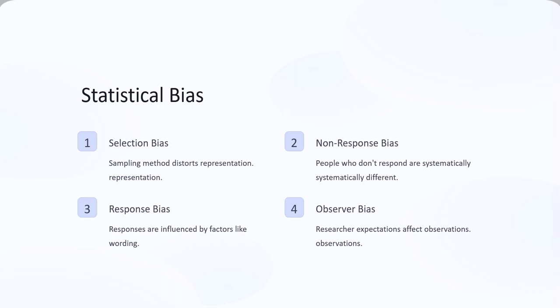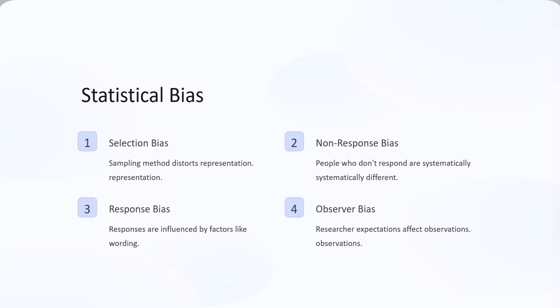How do you understand that your sampling method destroyed the representation? Suppose you want to represent something, but because of your sampling method, your result might be distorted. Okay, so selection is very important. The sample selection method, you should be very cautious about that.